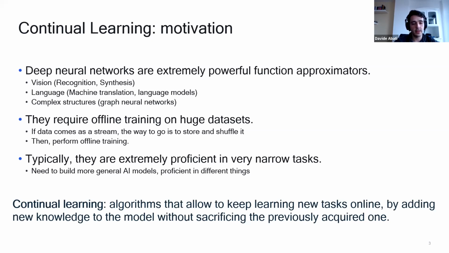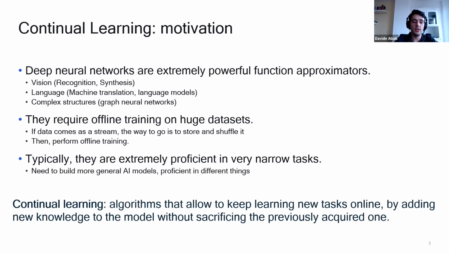There's also another motivation that is more of a future direction relevance. We want to build more general AI models, because the ones that are available now are very proficient in very narrow, vertical and small tasks, such as classifying an image among 10 categories or 1,000 categories, or translating from one language to another.